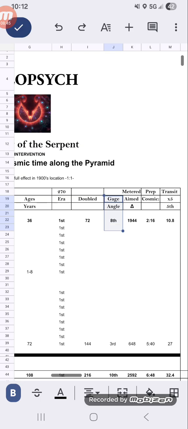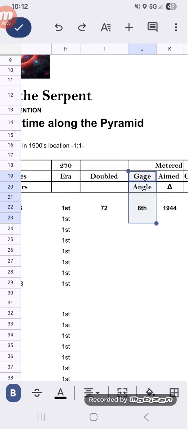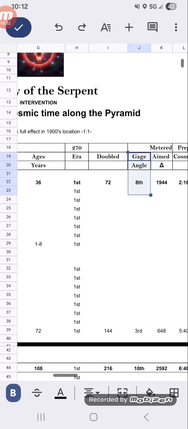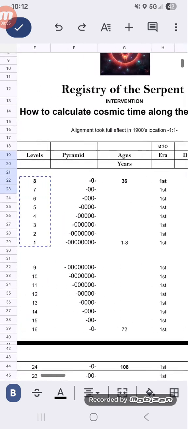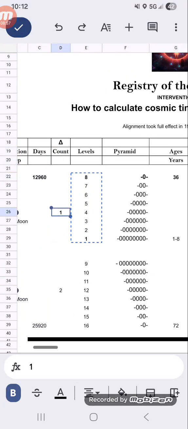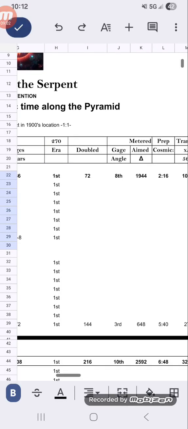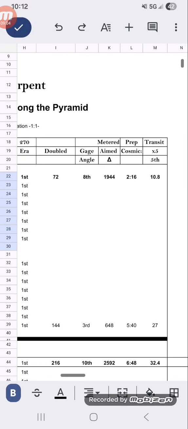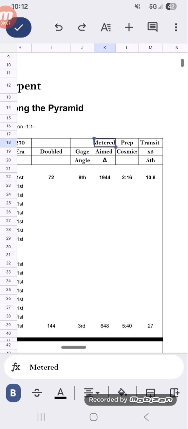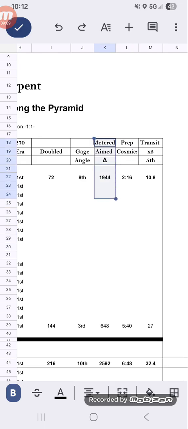The gauge angle is the set level of transformation involving the first pyramid here, or the first count, the first pyramid. The meter that's aimed here is 1944. The prep cosmic, or the cosmic prep, is 216.